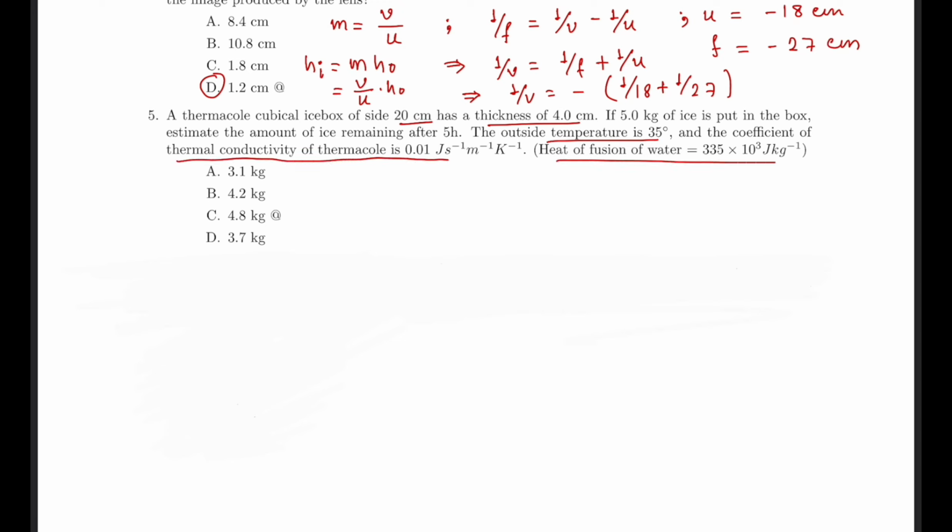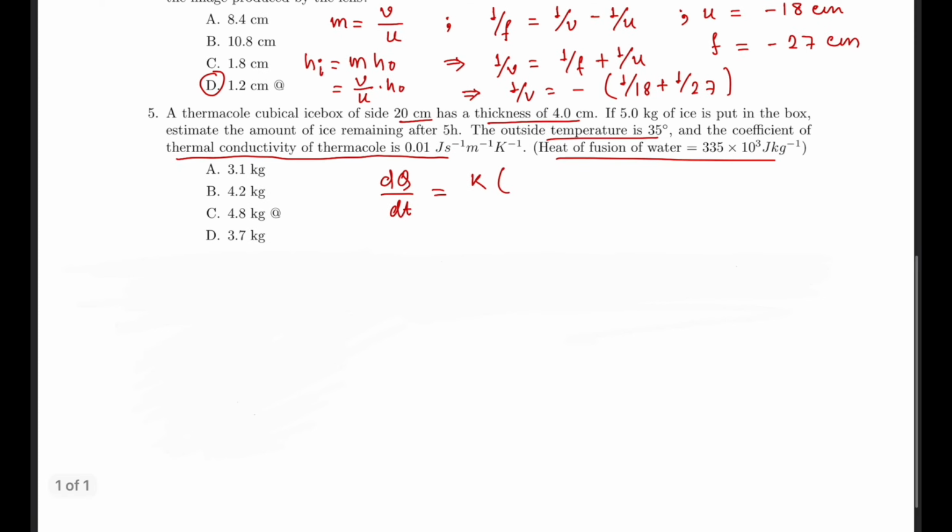You know the rate of heat flow is the thermal conductivity times the temperature difference times the area divided by the thickness x. So we have to find this dQ/dt first, given the coefficients. This is 0.01 times (35 minus 0) times the area.